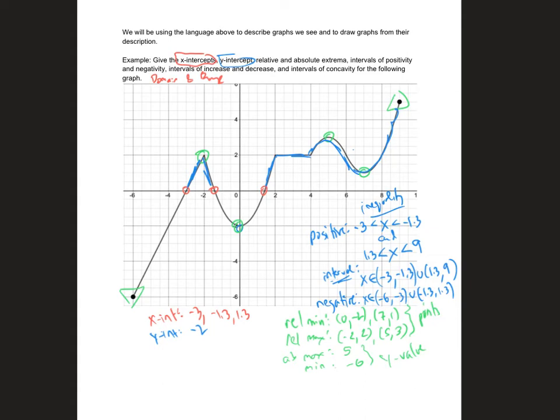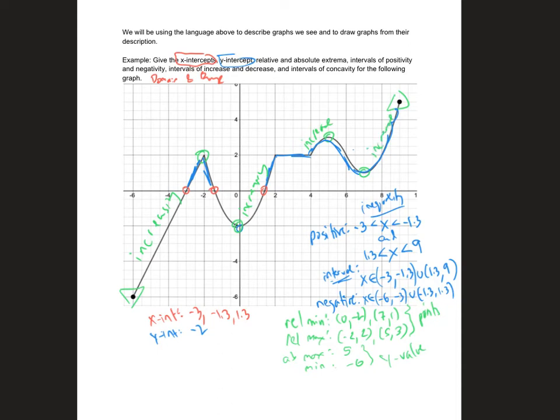Now, increase and decrease. Let's clean this up for a second. Well, let me erase. Okay, I guess I won't do that. So increase and decrease. It's increasing here and here and here and here.